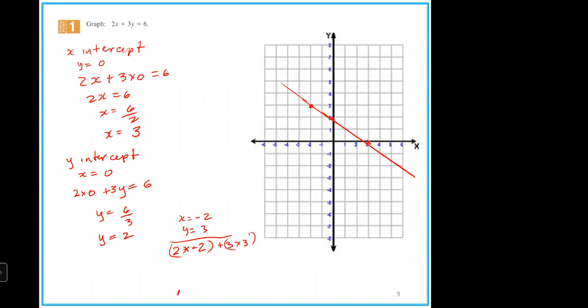Okay. So 2 times -2 is -4, and 3 times 3 is 9. So something isn't too right with that.